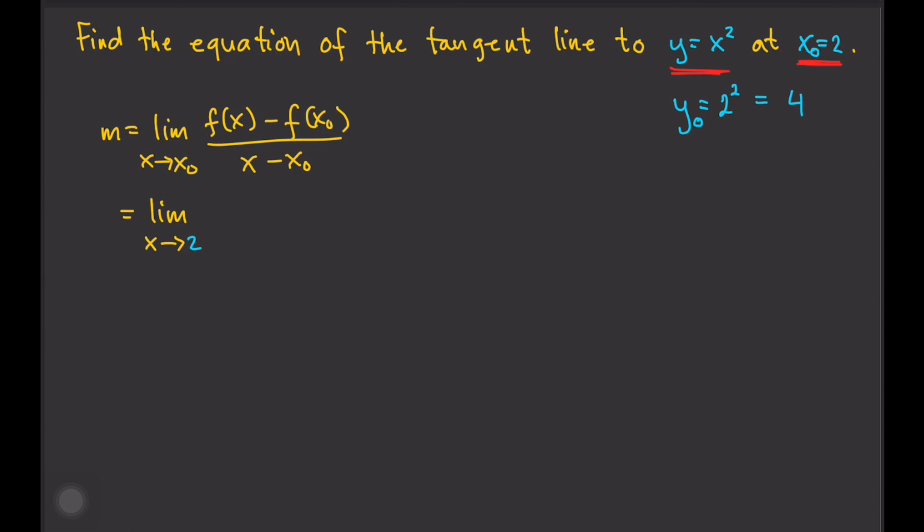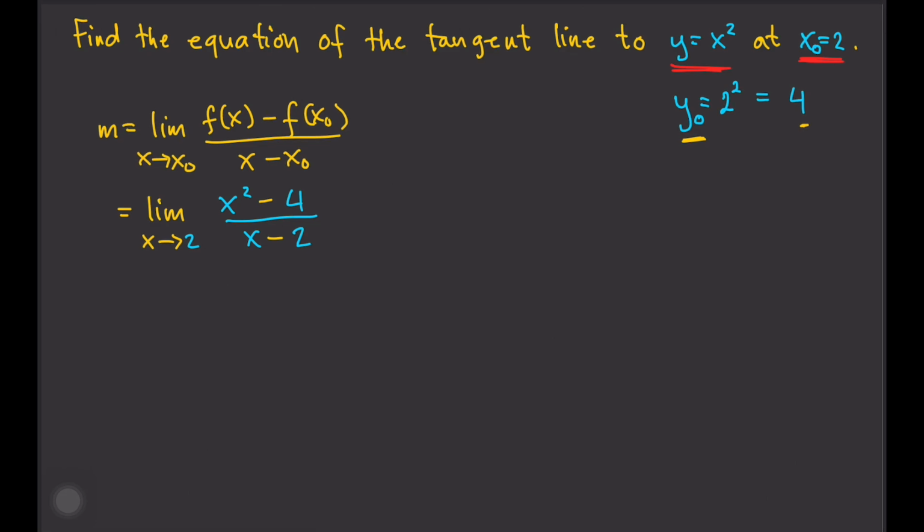Our f of x is x squared, minus our f of x sub o, which is y sub o, equal to 4, over x minus x sub o, which is 2. So let's write that there. Then we have to figure out what the limit is for this expression.